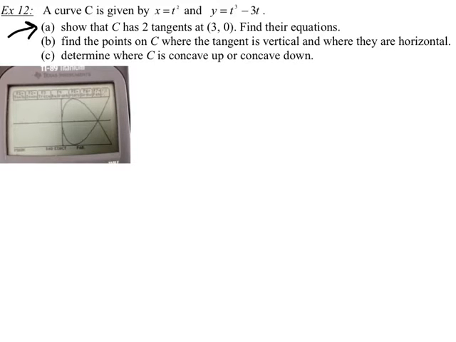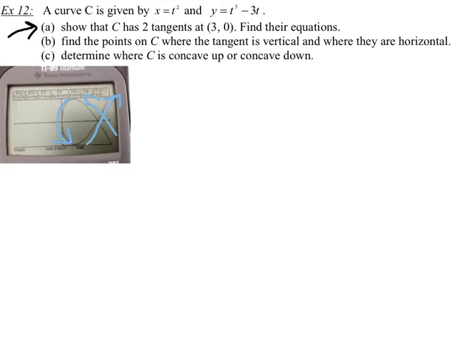Okay, I can visually see that the curve crosses itself at the point (3, 0), and that point is an xy coordinate, and I have two tangent lines. If you saw the way that the graph is developed, first I come through this way, and then I come around and come back through this way.